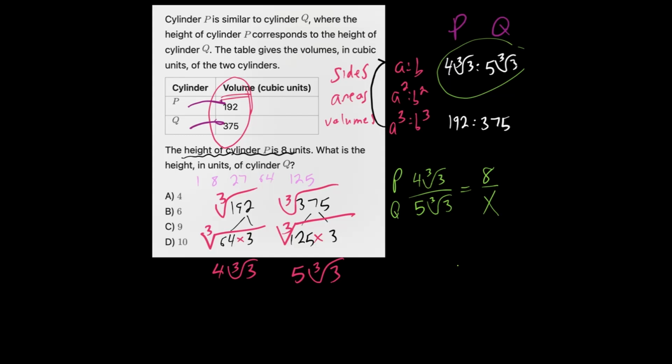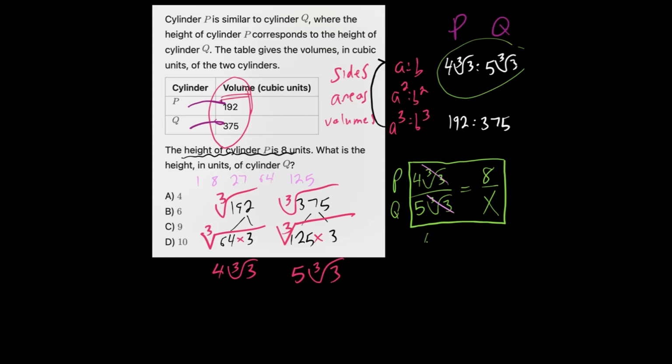Let's call that X. So now we've got a proportion, and typically with a proportion we'll cross multiply. But this is even easier than that because we've got something that cancels. Cube root of 3 cancels here, and it cancels here. So this is a ratio of 4 to 5.